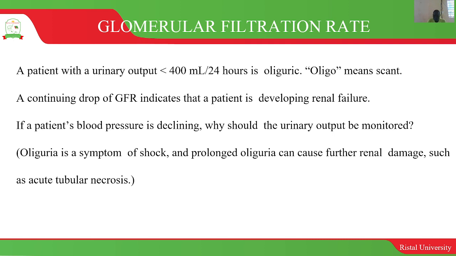So what is important is that we always monitor, because this might be an indication of a start of a renal failure, but we are so much worried when it reaches the stage of acute tubular necrosis. The tubules, once they become necrotic, means when the tubules die, it is non-regenerative, and this can lead to end-stage renal failure.